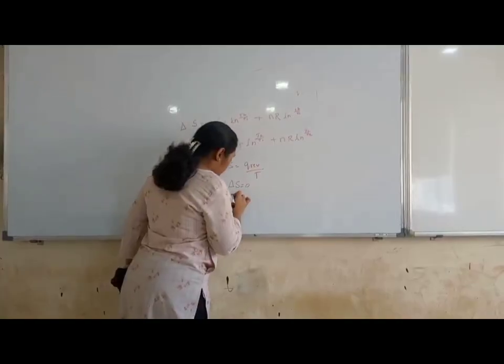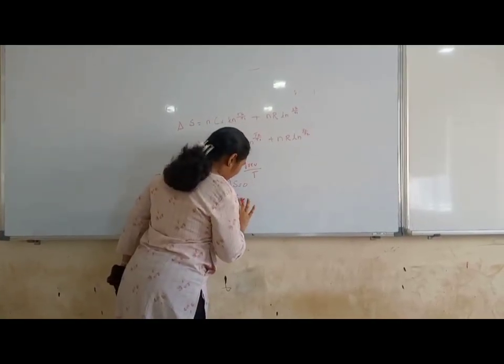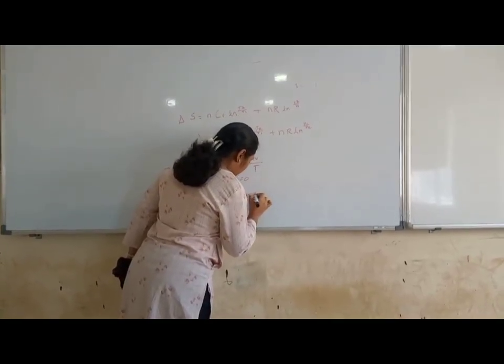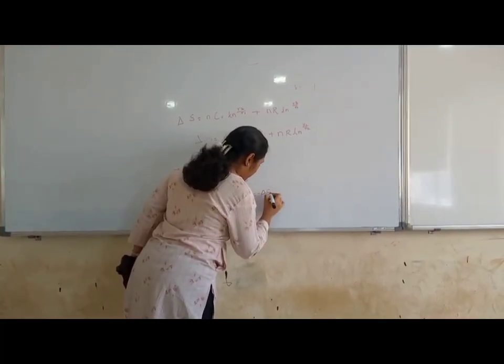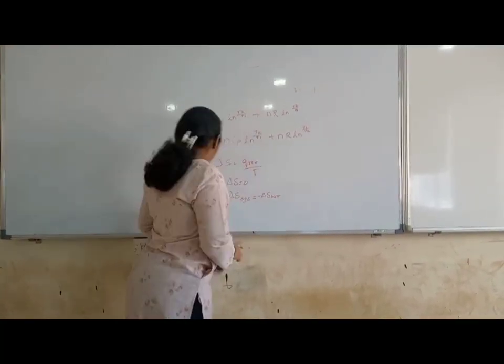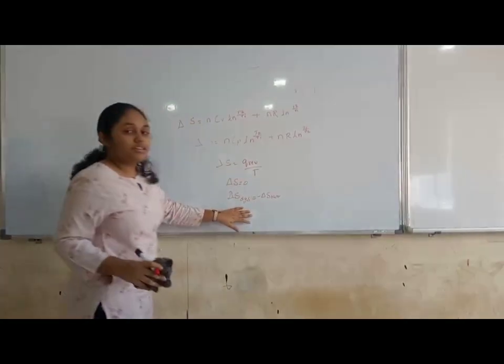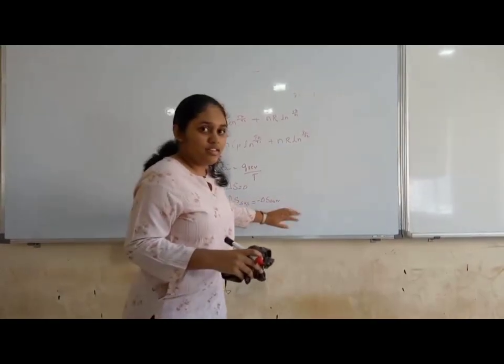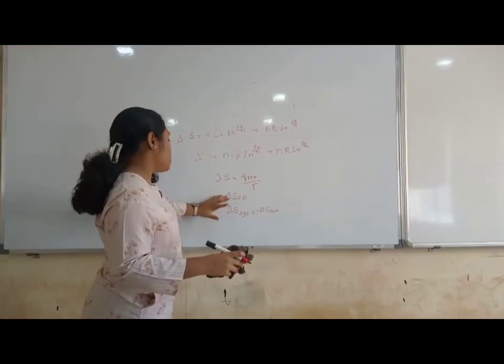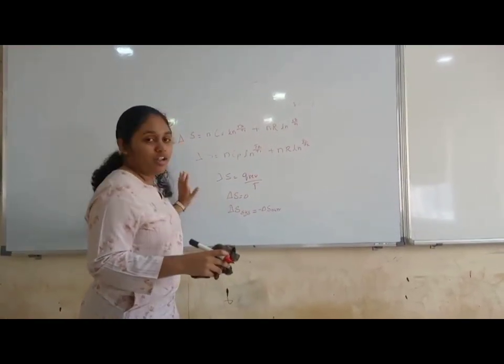Delta S surrounding is negative of delta S system. So the whole will be 0 for a reversible process.